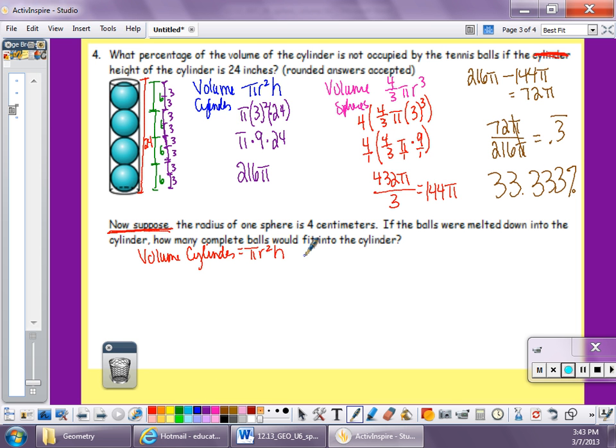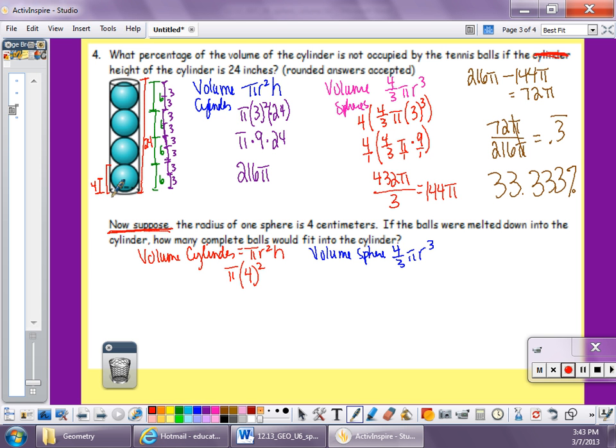I also need the volume of the sphere, which is 4/3 pi r cubed. So I know that the radius of one sphere is 4, so I can go ahead and put in 4 for my radius.